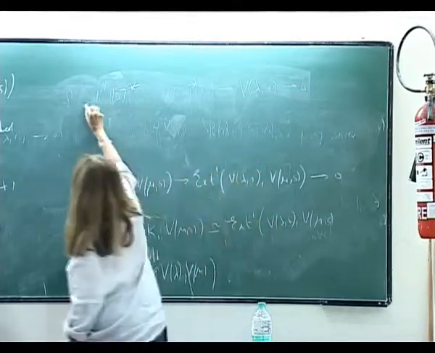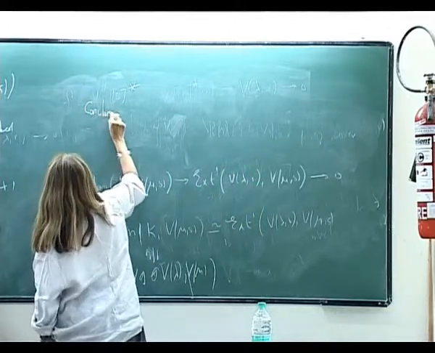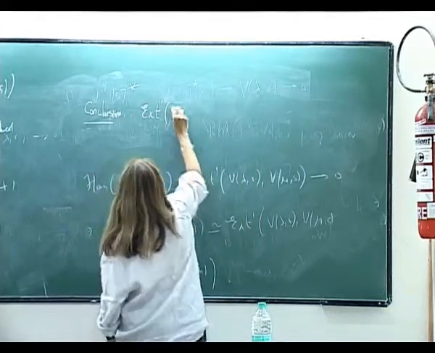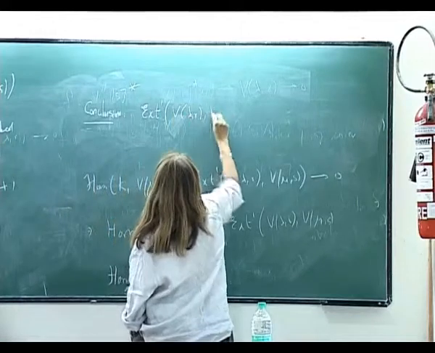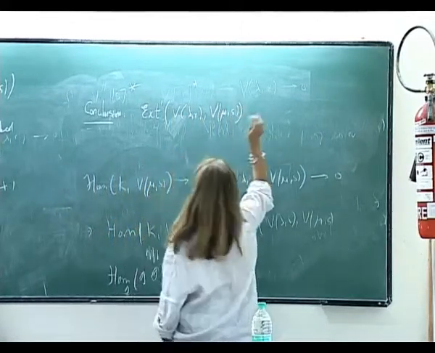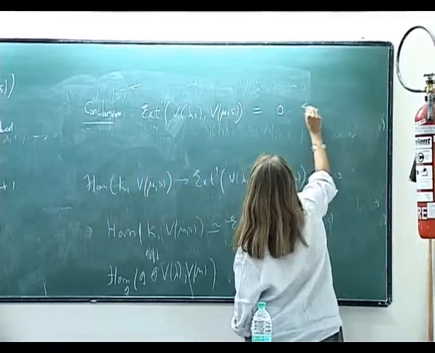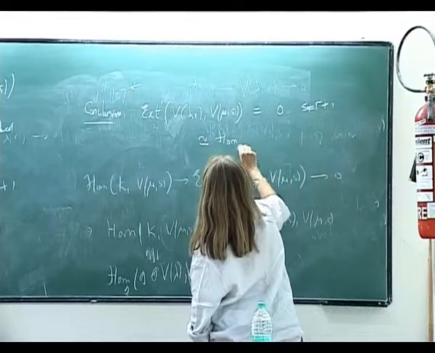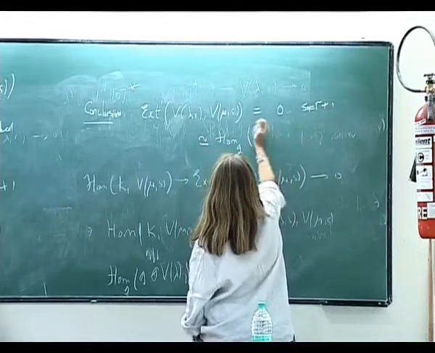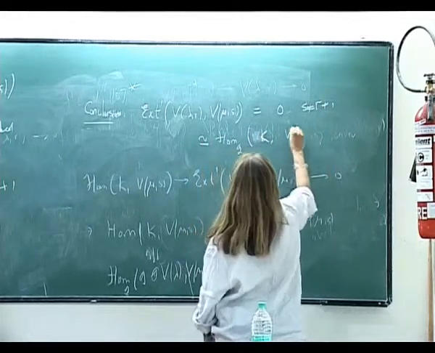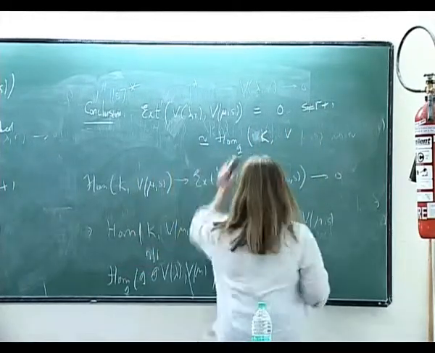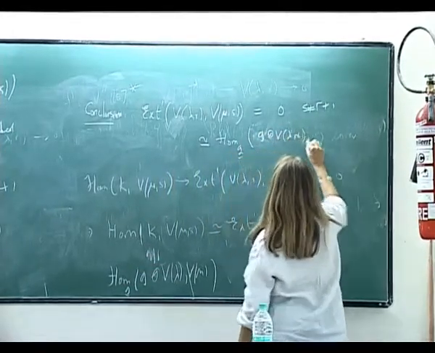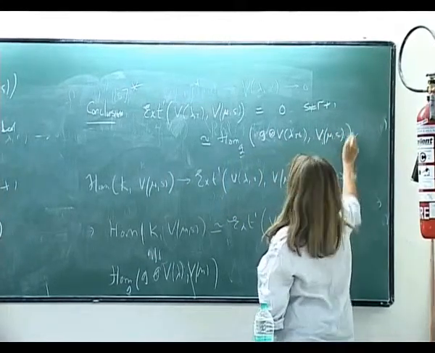Okay? So the conclusion, I haven't quite finished the proof, but I've sketched most of it for it to be now reasonably plausible to say that Hom V lambda R V mu S is 0 if S not equal to R plus 1, and it's isomorphic to Hom G, G tensor V lambda R V mu S. Okay.